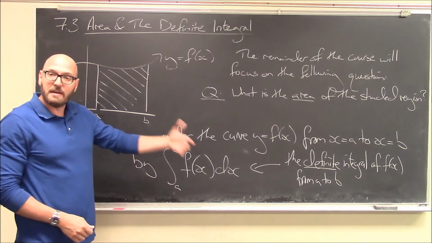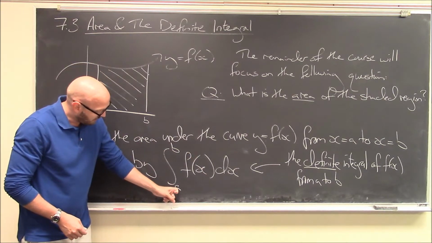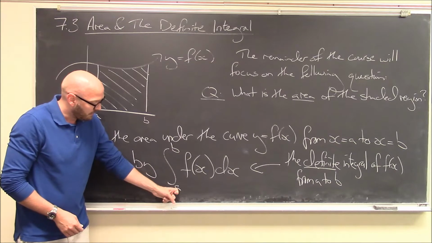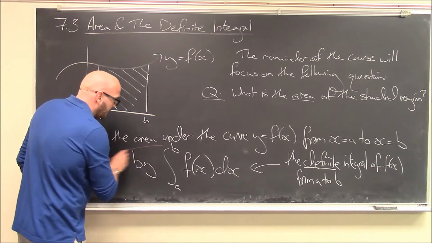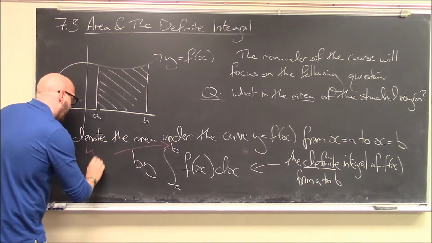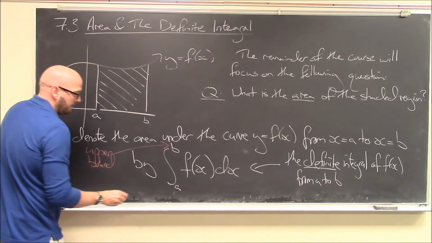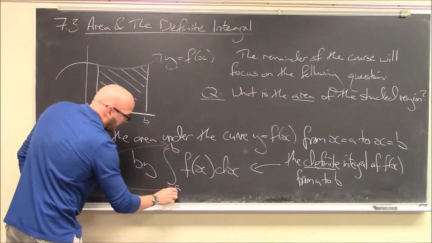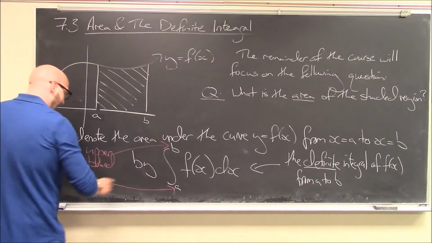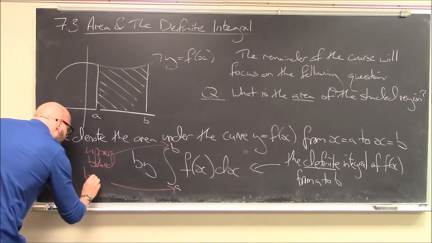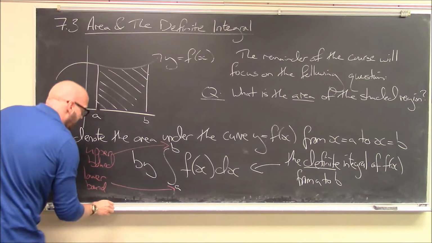We've talked about indefinite integrals so far, but indefinite integrals did not have this a and the b here. By the way, the b is called the upper bound of the definite integral, and the a is called the lower bound of the definite integral.